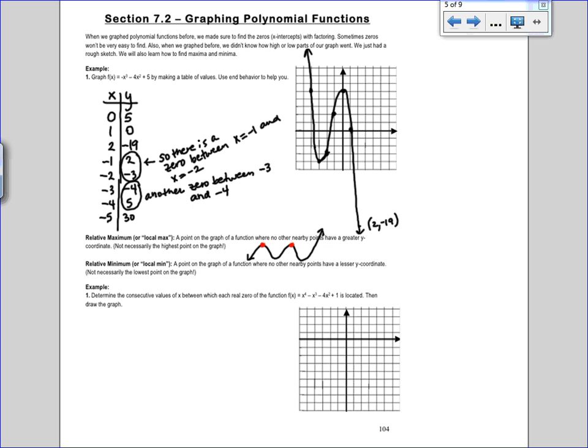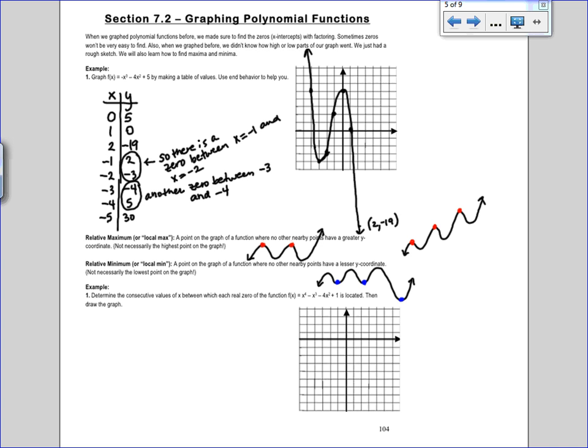You could have something that just keeps getting higher like that, and these are all still relative maximums. For a local minimum, those are just the valleys, the bottom.